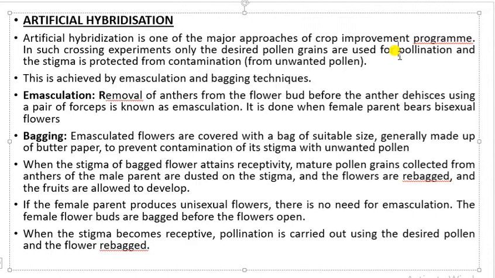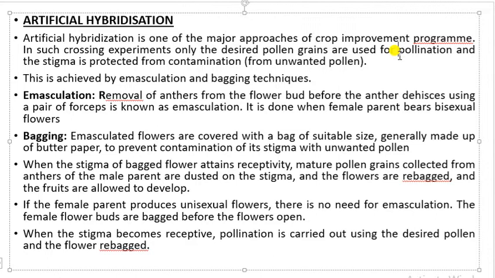If the female parent produces unisexual flowers, then there is no need of emasculation. The female flower buds are bagged before the flower opens. As we have gone through earlier, emasculation is only necessary in case of bisexual flowers. It is not necessary in case of unisexual flowers. So when the stigma becomes receptive, pollination is carried out, and once again the flower is rebagged.